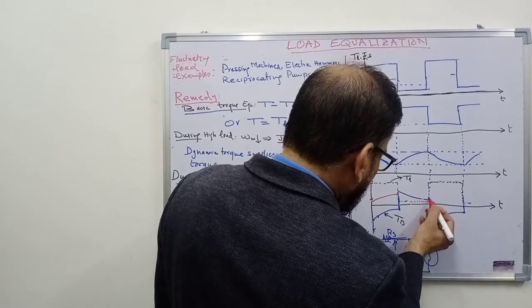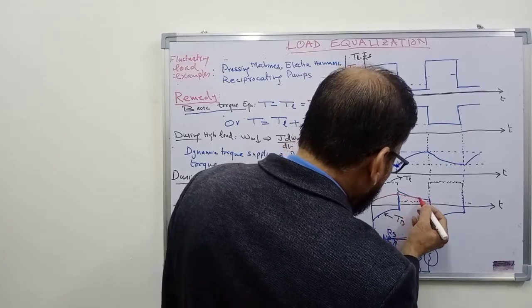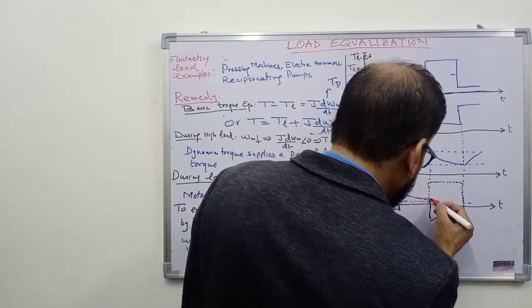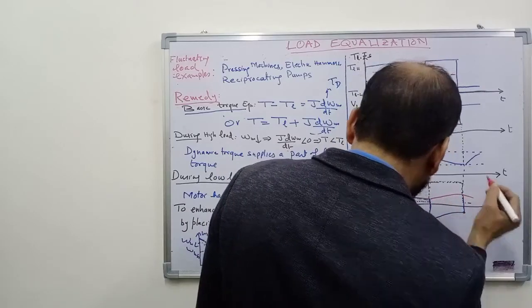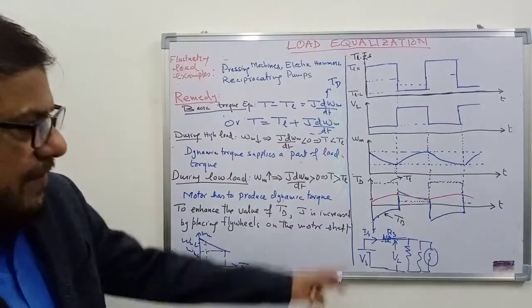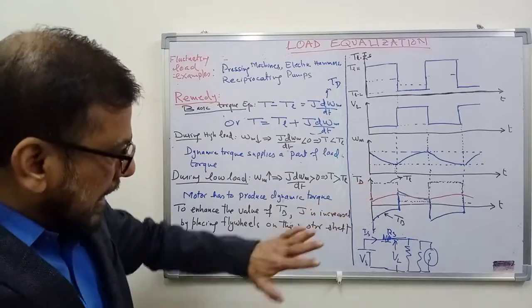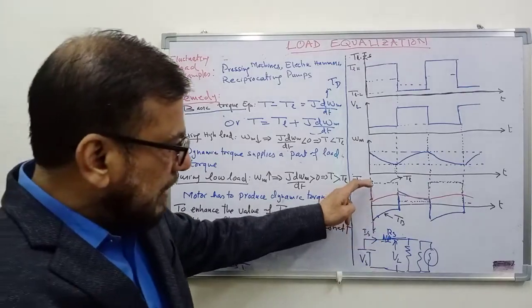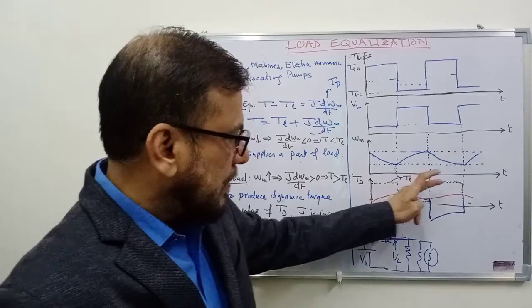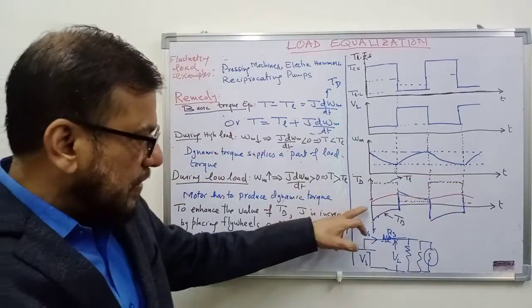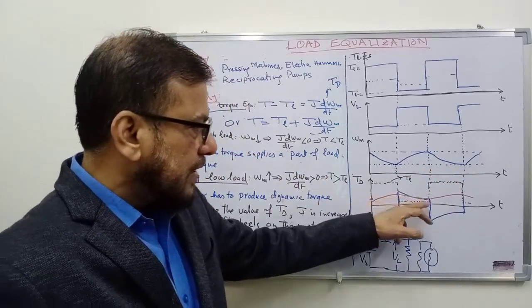So at this point, you will get a torque like this. So in that way, you can see that if a dynamic torque was not present, then the motor would have to produce this torque. But because of dynamic torque, this is like this.